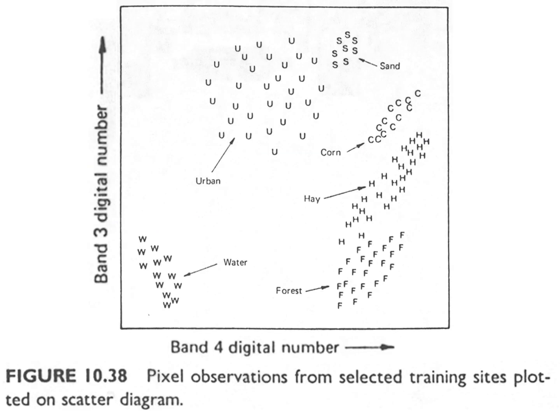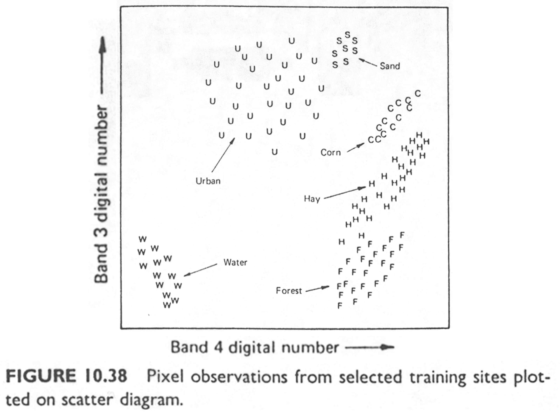So this is what we would have at the end of an unsupervised classification, right? Each one of those letters represents a particular class, and its location represents what its brightness or reflectance is in 2 bands, band 4 and band 3.